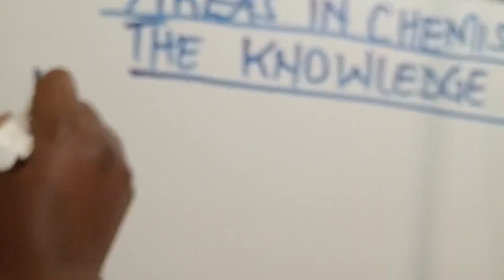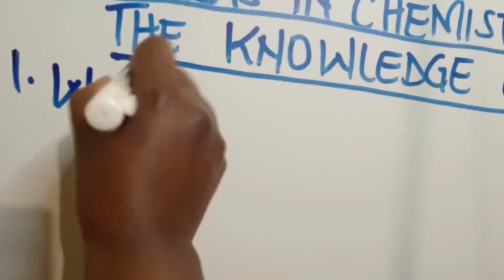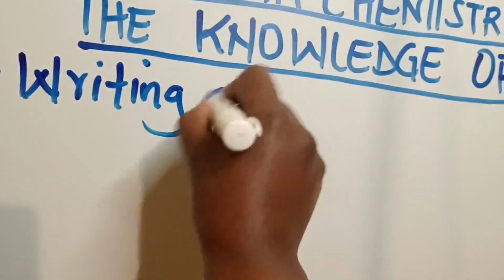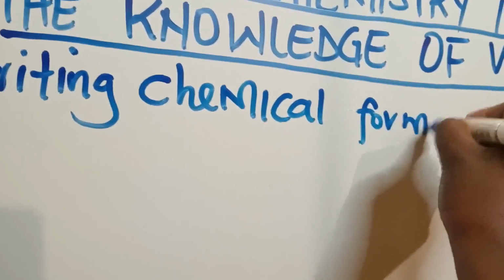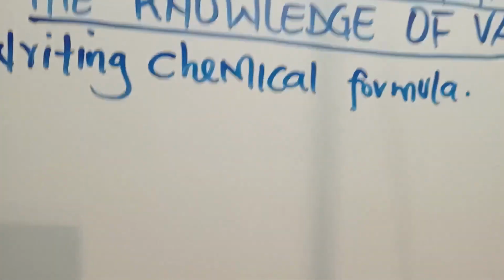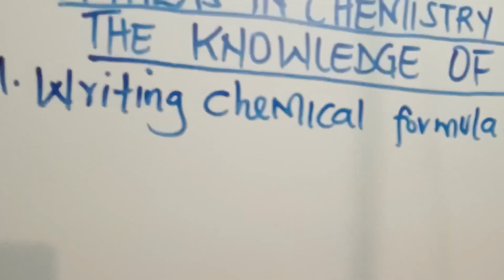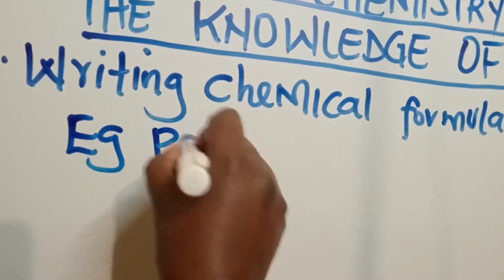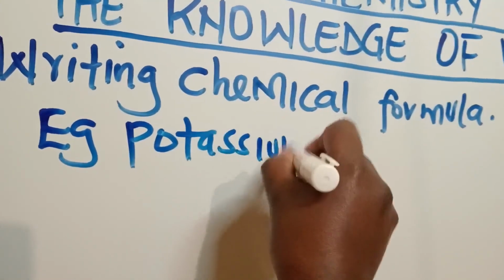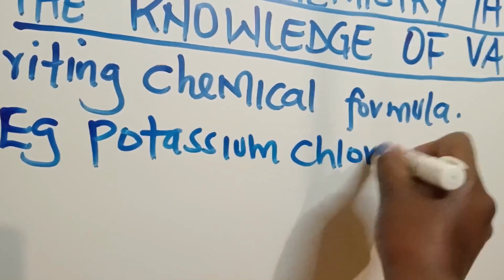So the first one is when you're writing chemical formulas of different compounds. Let me give this example of when you're forming potassium chloride.